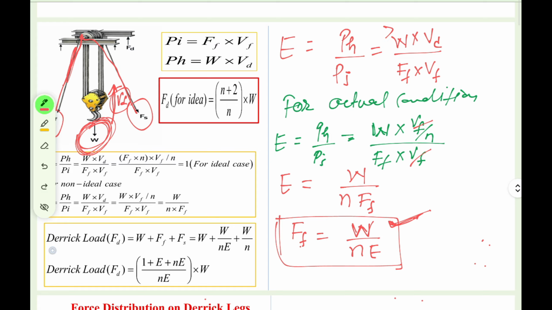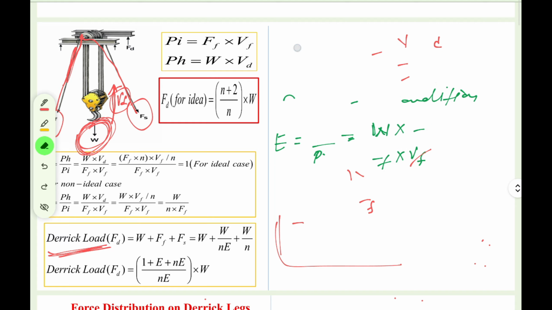Now before jumping to the derivation part, let me give you a clear diagram so that you can understand how things are happening, right? So here for you people I am making a diagram.